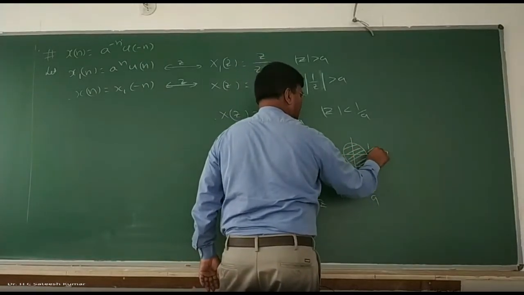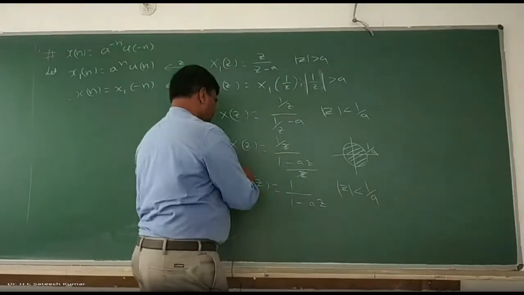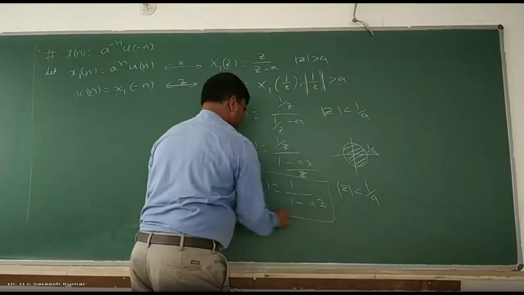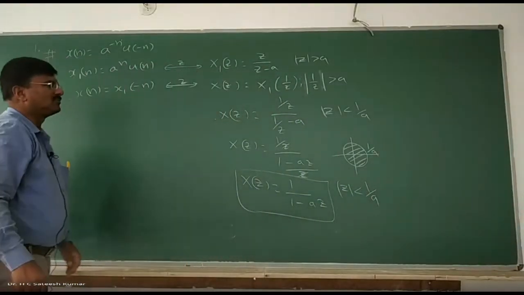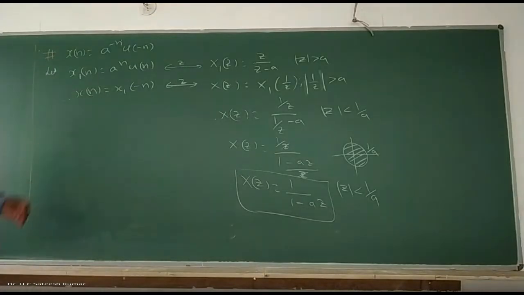So that's how we should do it. It is a very simple problem. It was asked for 3 marks in the examination. These are all very easy 3 marks questions.